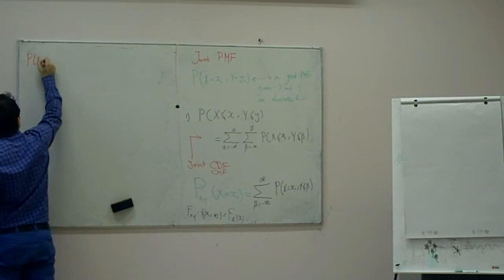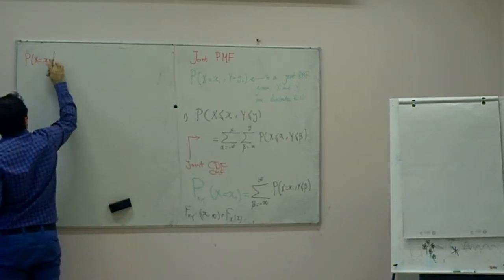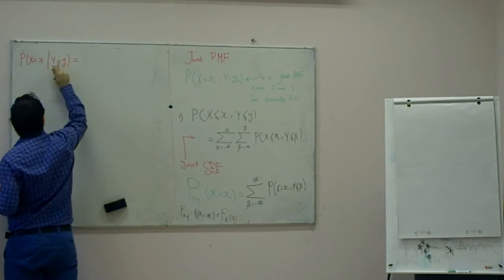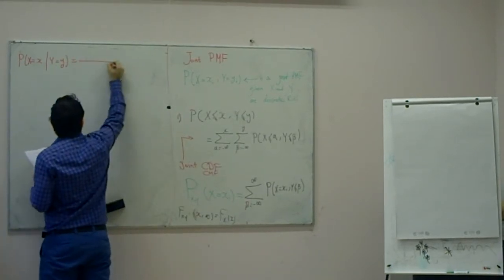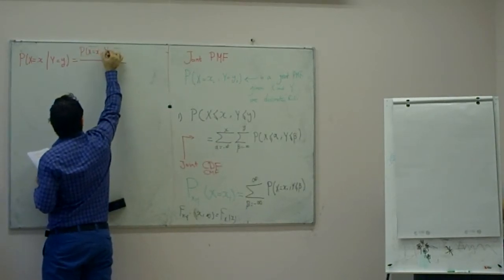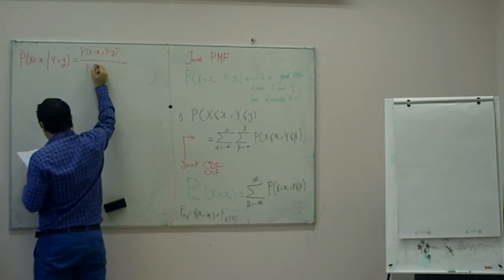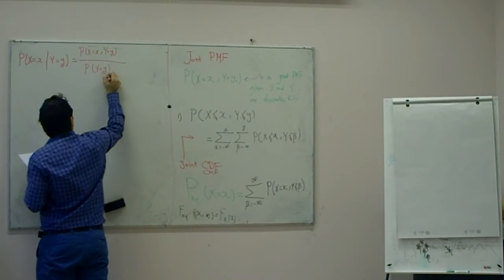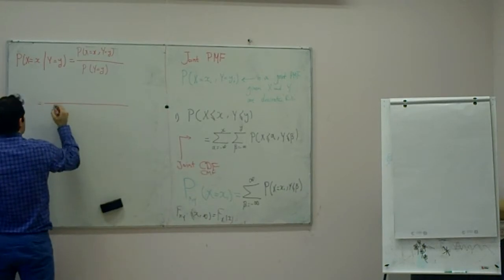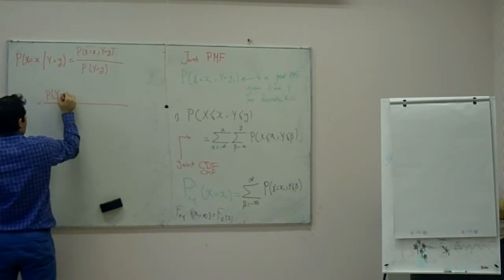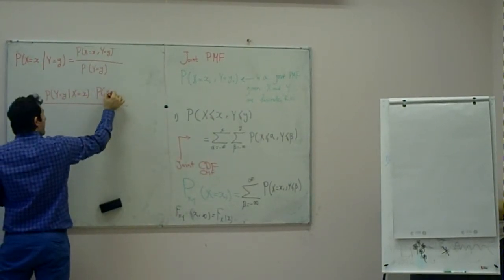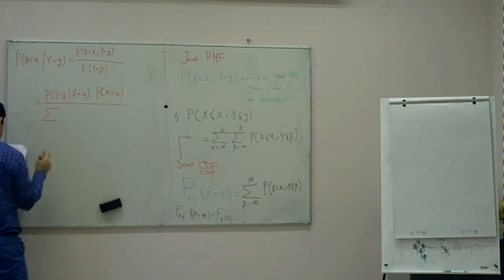P of X is equal to xi given Y is equal to yi is equal to, divided by P of, which can be written as, divided by the summation of.